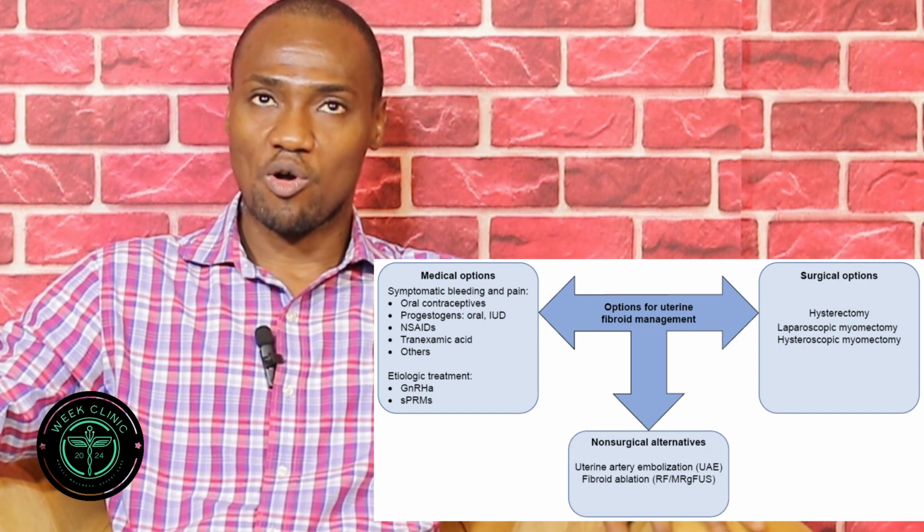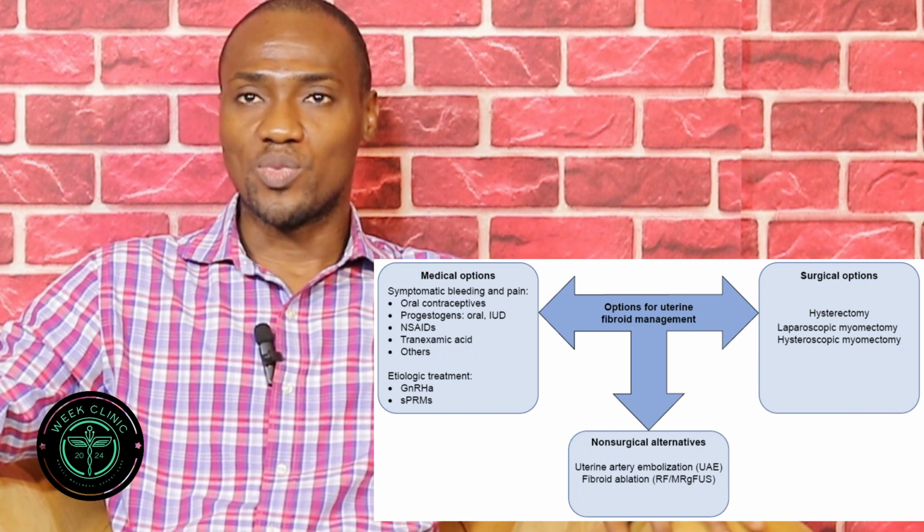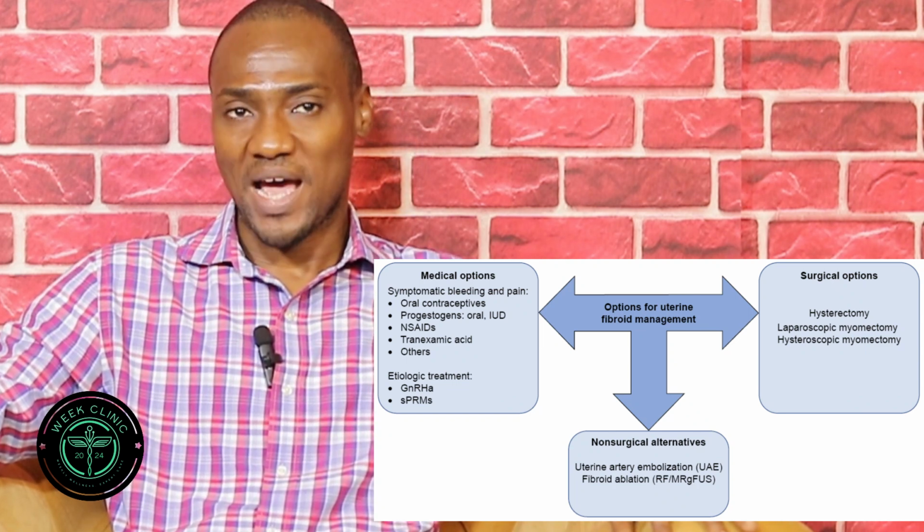Also, the definitive treatment, which is mainly surgical, would be in the form of removing the mass. This is commonly used for fibroid tissues that are huge. Removing the mass could be by myomectomy, which has options of open abdominal myomectomy, laparoscopic myomectomy, or hysteroscopic myomectomy.